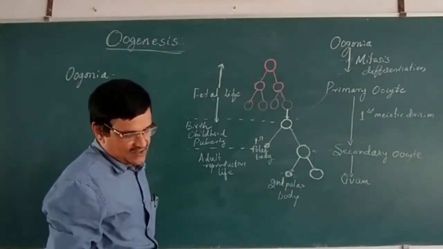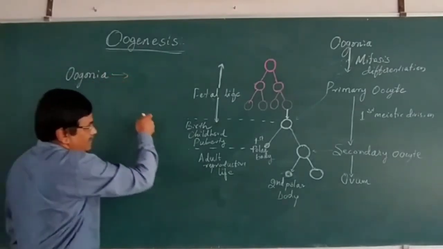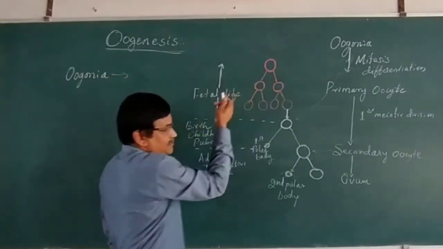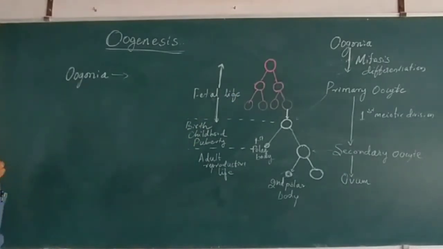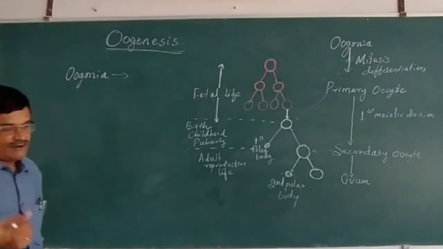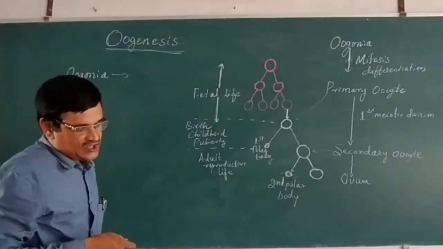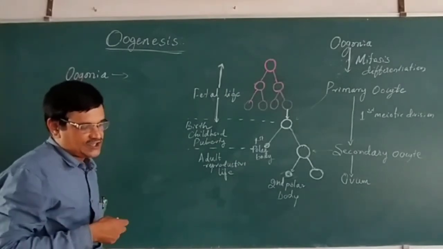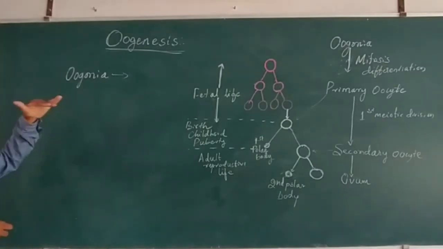Then these cells start division. These oogonial cells start division during the fetal developmental stage, and when they reach the first stage of the meiotic division, they get temporarily arrested.